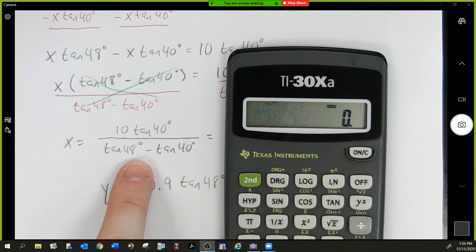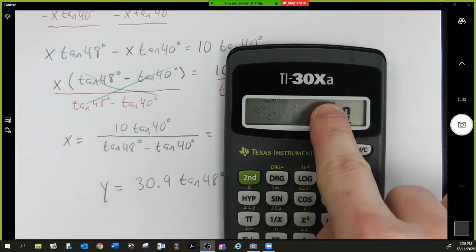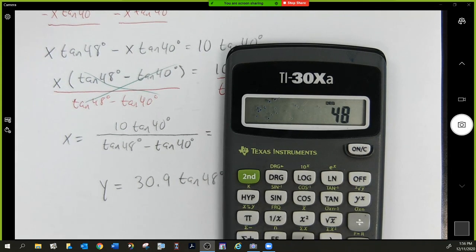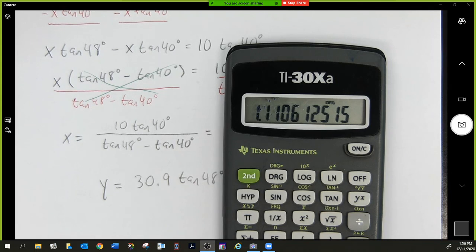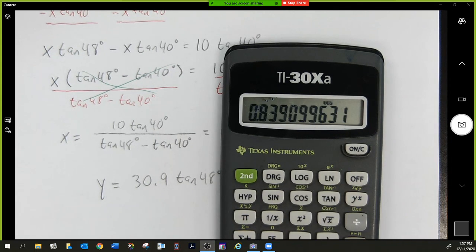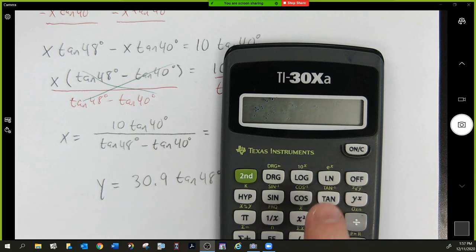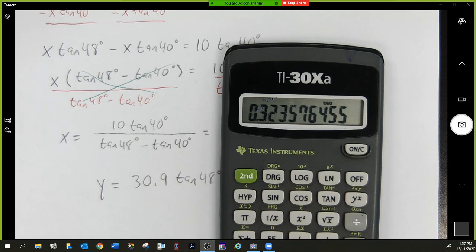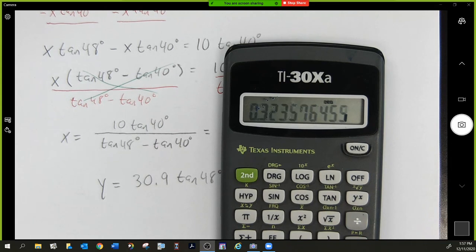If you're not very good at it, and am I in degree mode? I am. I would do 48 tangent minus 40 tangent, and then you have to hit equals. Good? Divided by 40 tangent equals divided by 10.